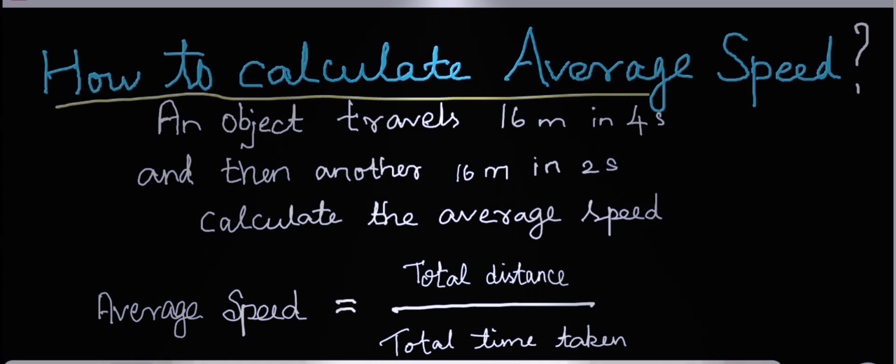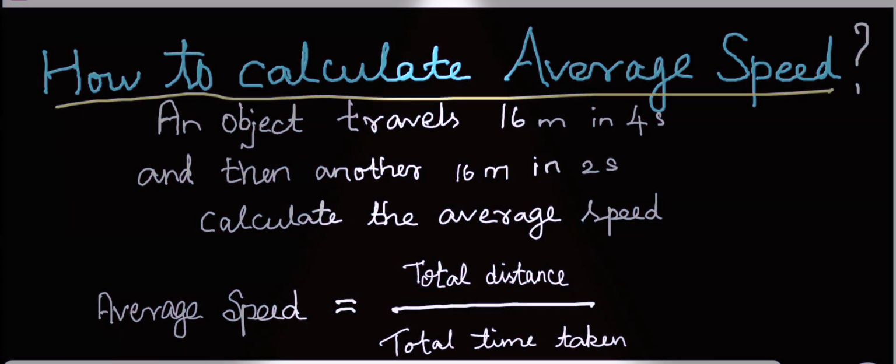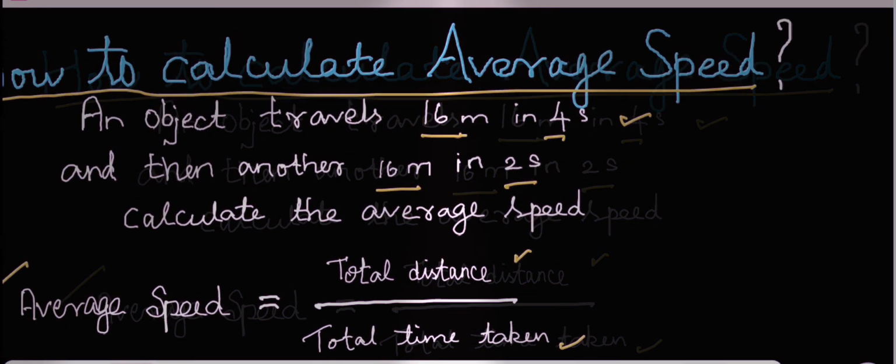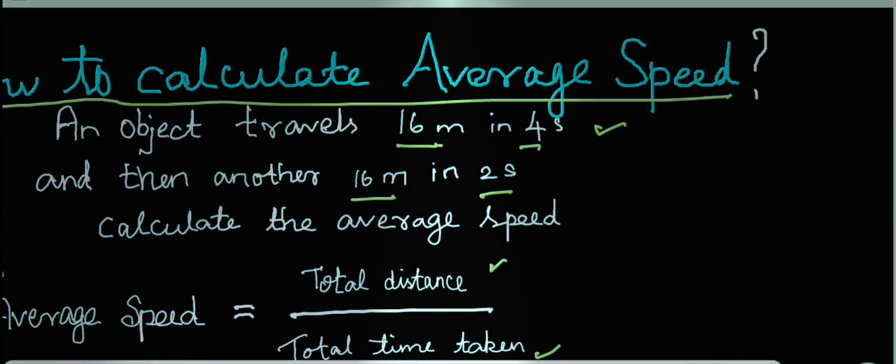An object travels 16 meters in 4 seconds and then another 16 meters in 2 seconds. Calculate the average speed. Average speed is calculated by total distance divided by total time taken.